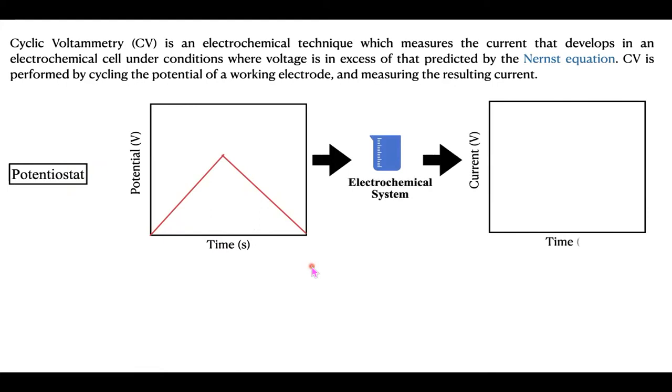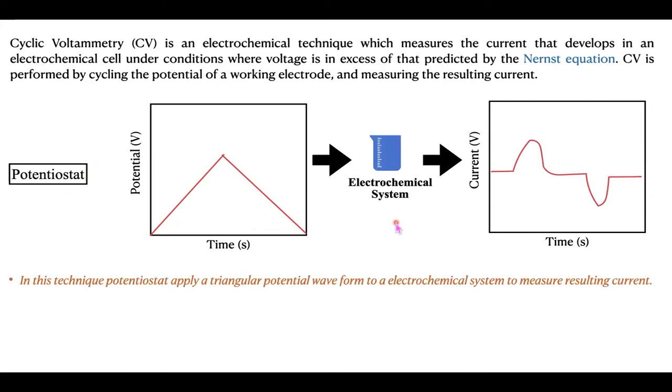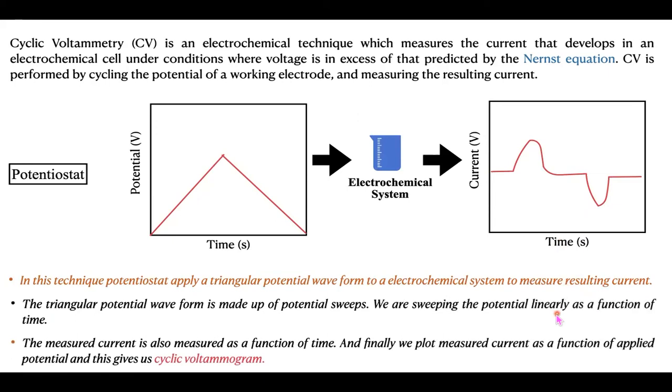Then we measure the current versus time. In this technique, the potentiostat applies a triangular potential waveform to an electrochemical system to measure the resulting current, as shown here. The point to note is that the triangular potential waveform is made up of potential sweeps.